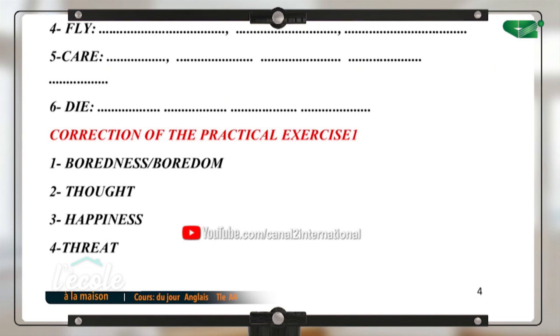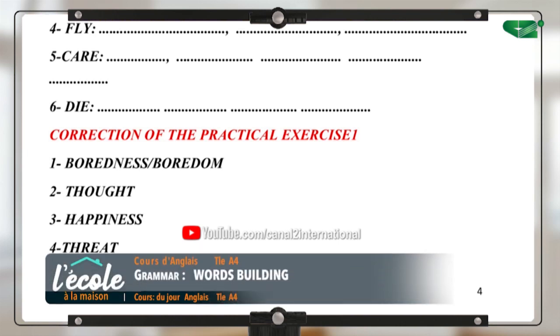After this series of exercises, we will now start the correction of the practical exercise 1. Let's go back to the second page where practical exercise 1 was given. We were asked to change the words in the brackets to noun. 1. In order to ease the dash at that level, we have two possible answers.